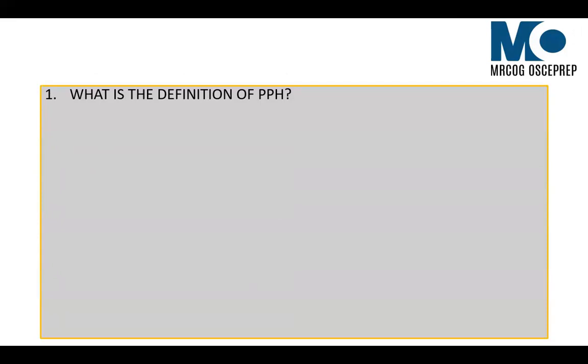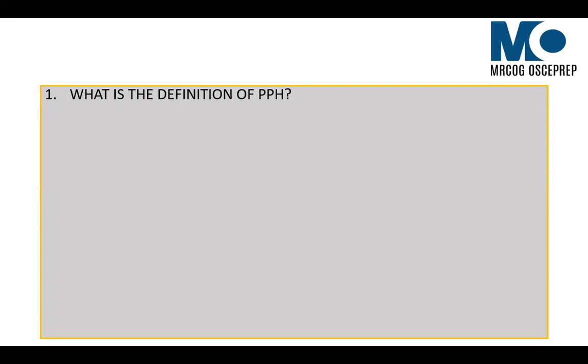Postpartum hemorrhage is the amount of blood loss after delivery of the patient. If it is more than 500 ml, then we will alert. There are two types of postpartum hemorrhage, minor and major.